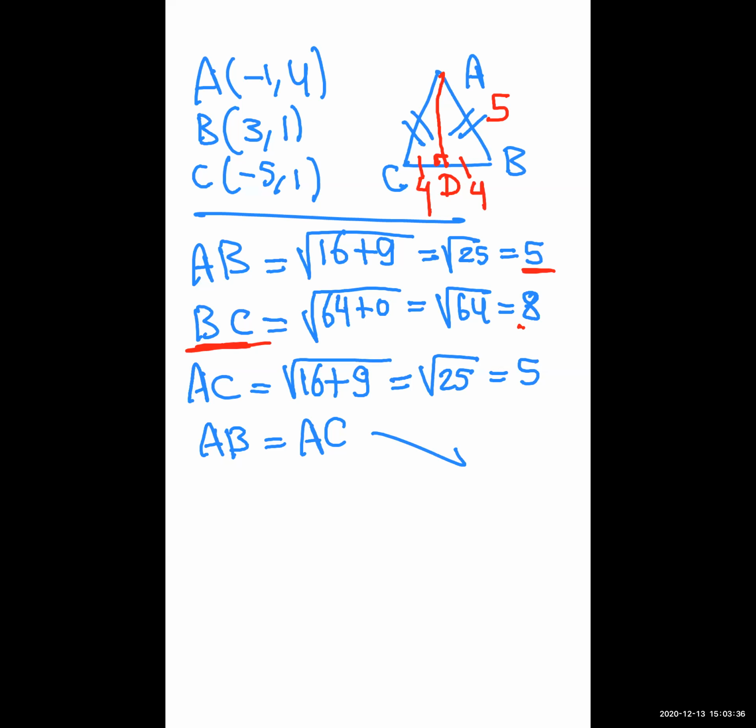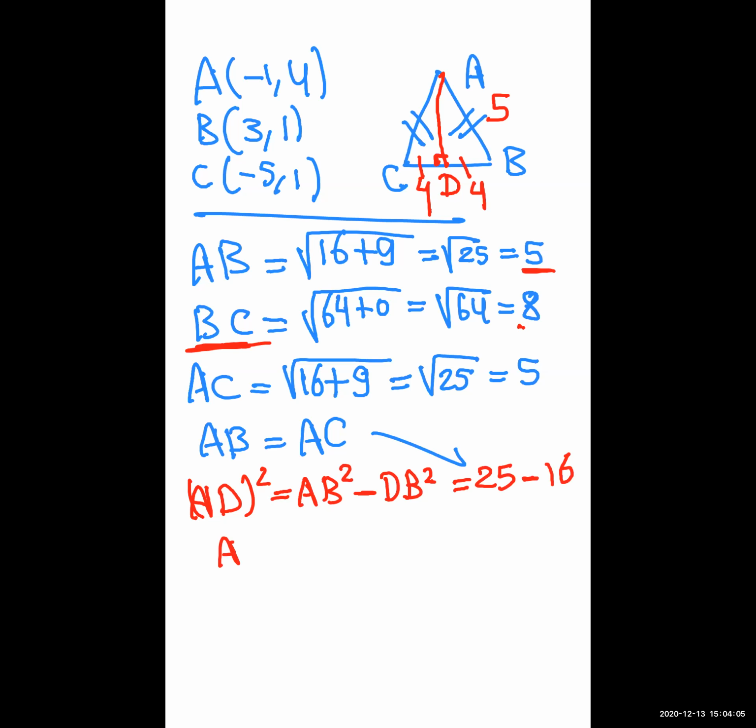So AD squared will equal AB squared minus DB squared. So it will equal AB squared, which means 5 squared, which is 25, minus DB squared, which is 16.